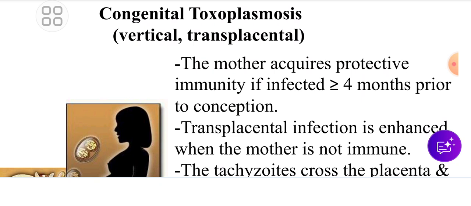The mother acquires protective immunity, so the mother can be immune and not transmit the tachyzoites, if infected previously, 4 months or more before conception, before becoming pregnant.